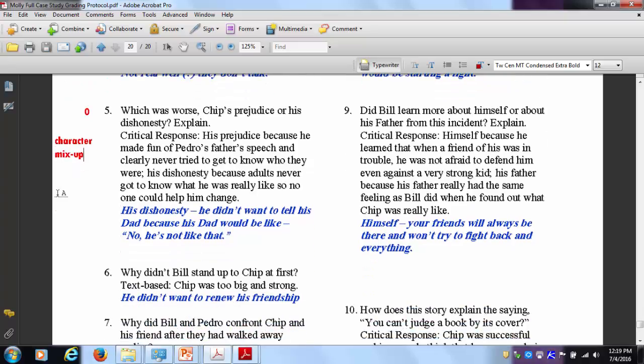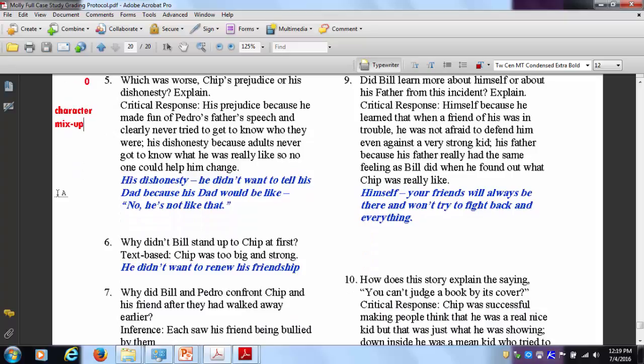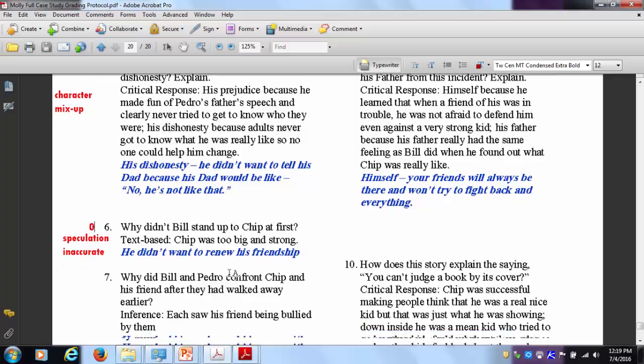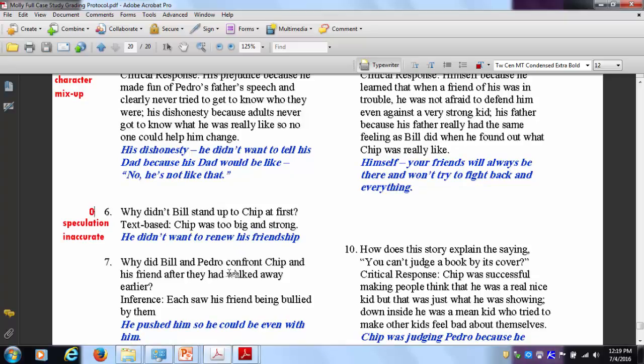When we move on to 6, 6 here is inaccurate speculation. So this is speculation that is inaccurate. So we have no credit. 7, here when we look at 7, what happens is she creates a story that's inaccurate. So you have an author here. This is creation of details, not in the text.